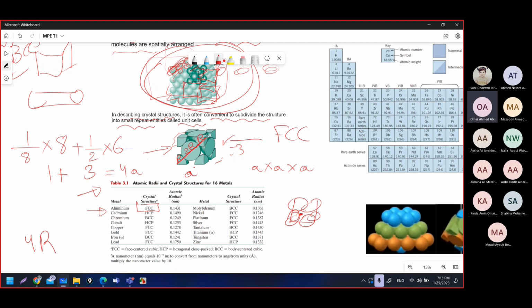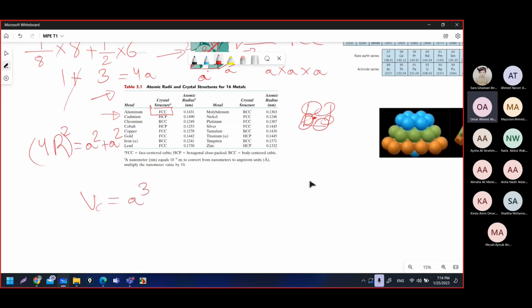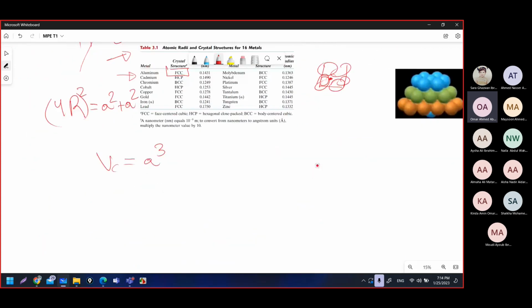I know that the edge length is a. This one is a, and this one also is a. I can use the Pythagorean theorem: a squared plus a squared is equal to 4r all squared.